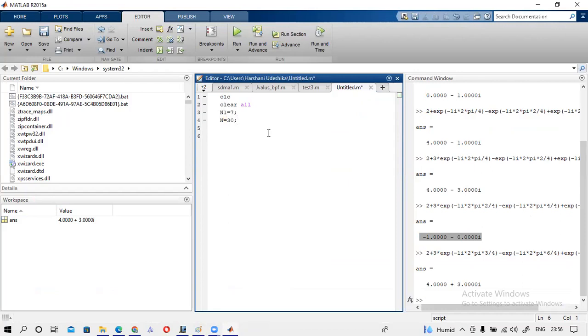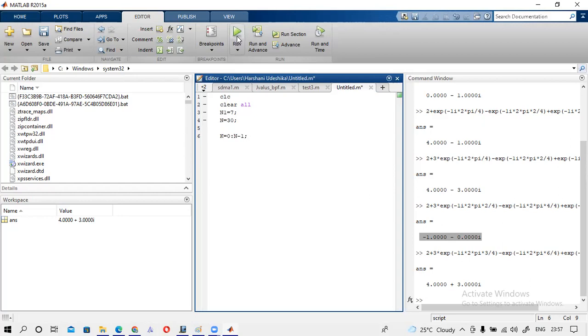Now I can calculate the magnitude value for the xk value. First, I have to define the k value. I will put 0 to 30, because N is 30. So k should be 0 to N minus 1. You need not put the increment, since by default we will have one increment.